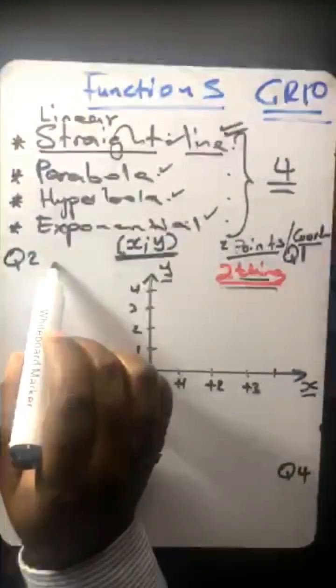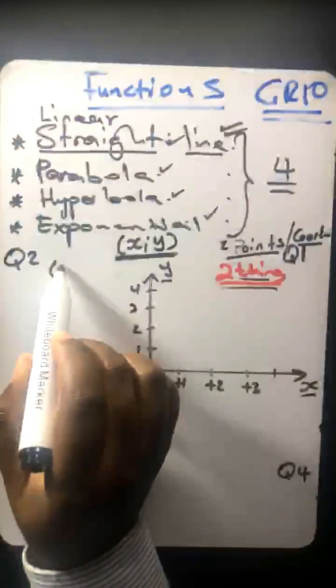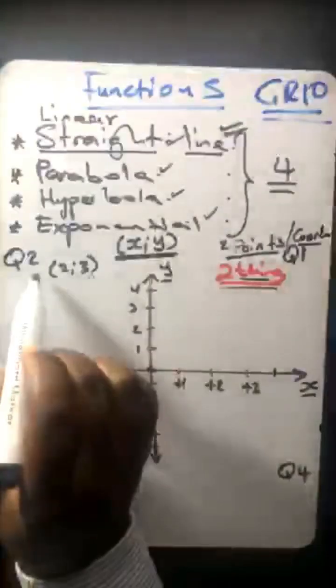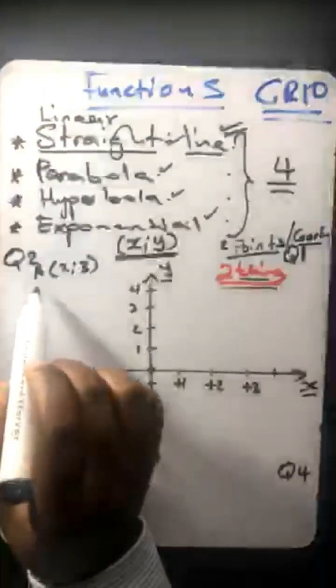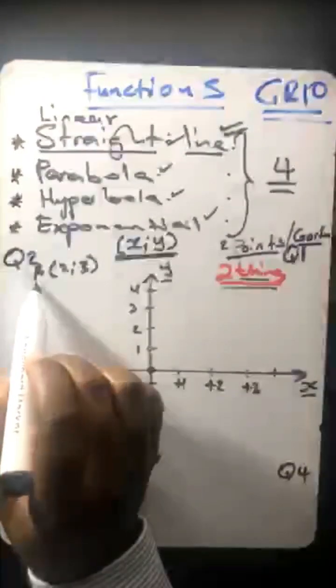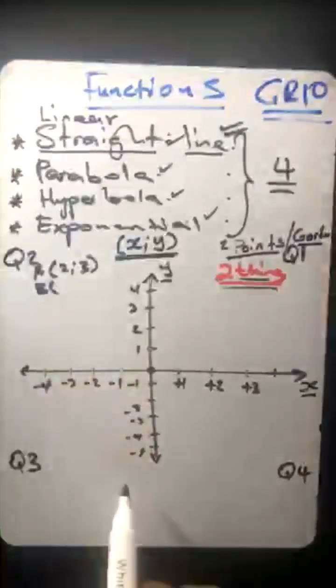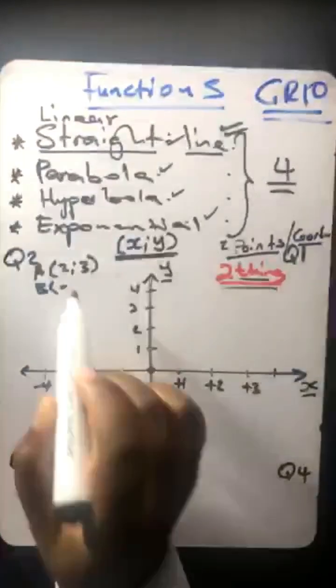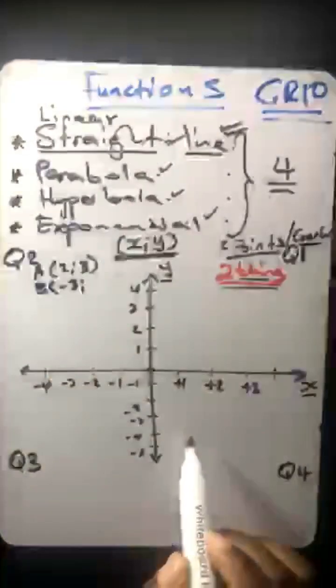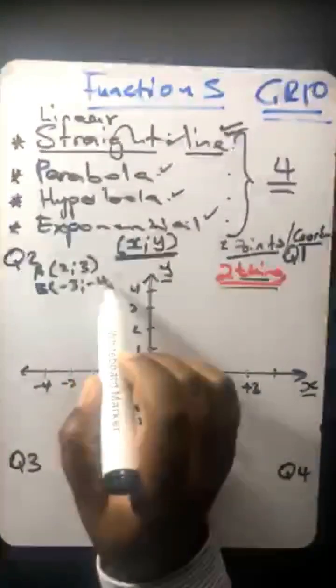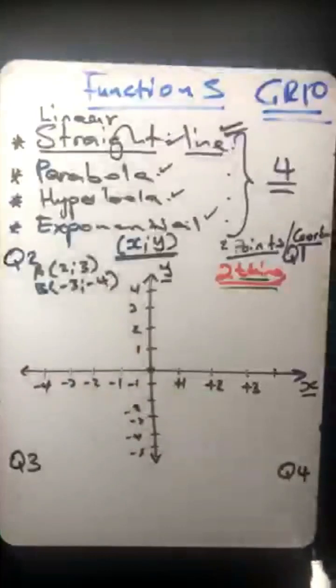Let's say, for example, you have 2 coordinates being 2 and 3. Let's say this is point A or the coordinates of point A, and then maybe point B, we are having, let's say, negative 3 and negative 4.